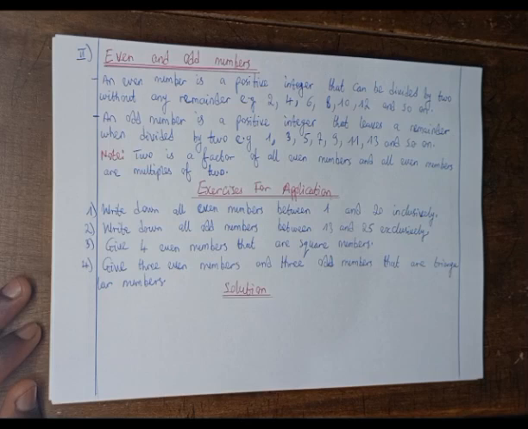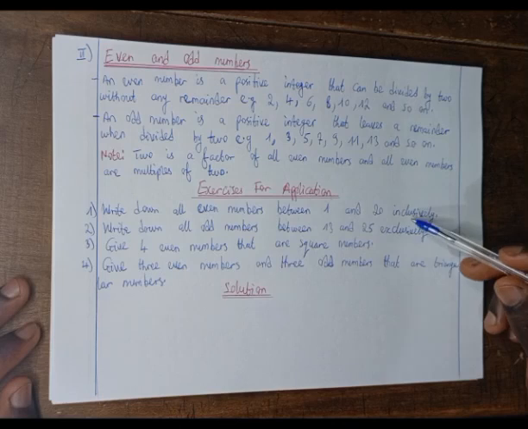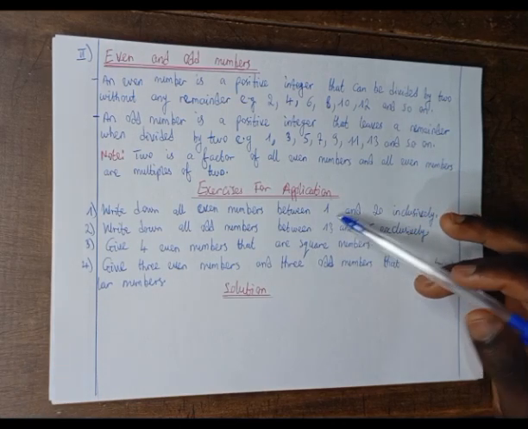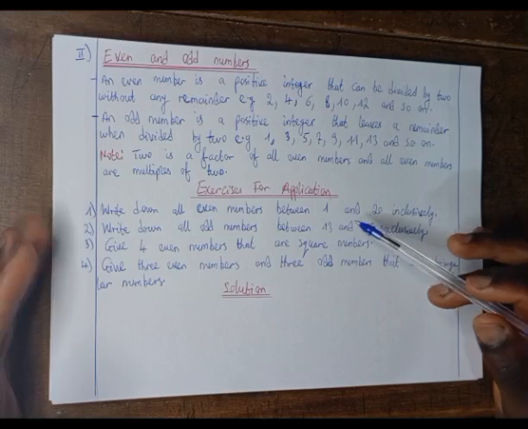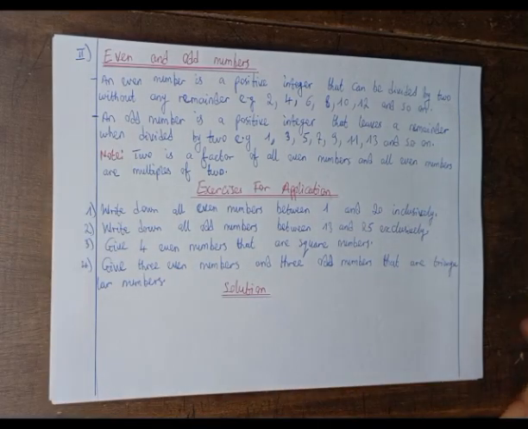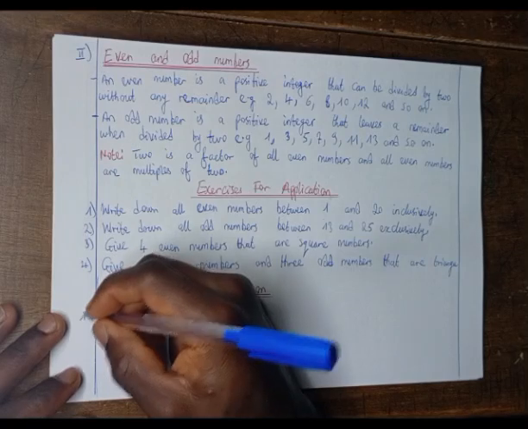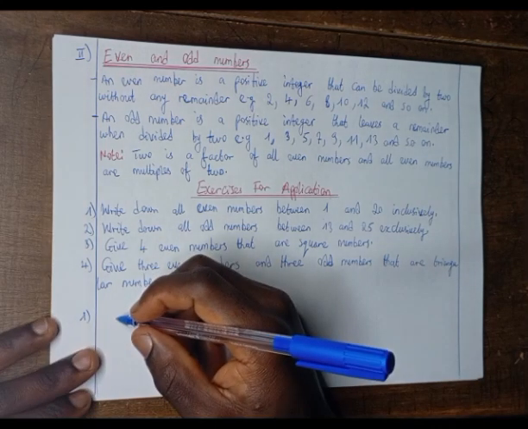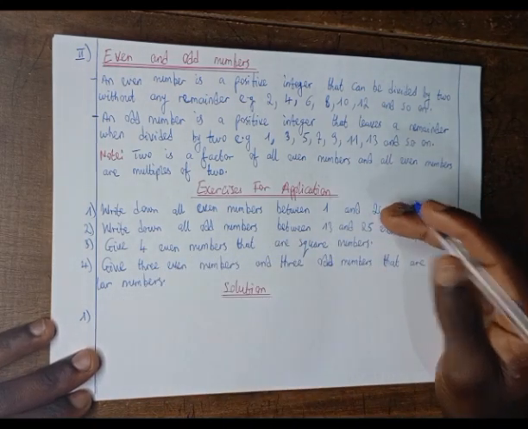The first one, it says write down all even numbers between 1 and 20 inclusively. The word inclusively simply means if 1 is an even number, then it should be included, the boundaries. If 20 is an even number, it should be included in the solution. The number 1 is not an even number, so we are going to leave out 1.